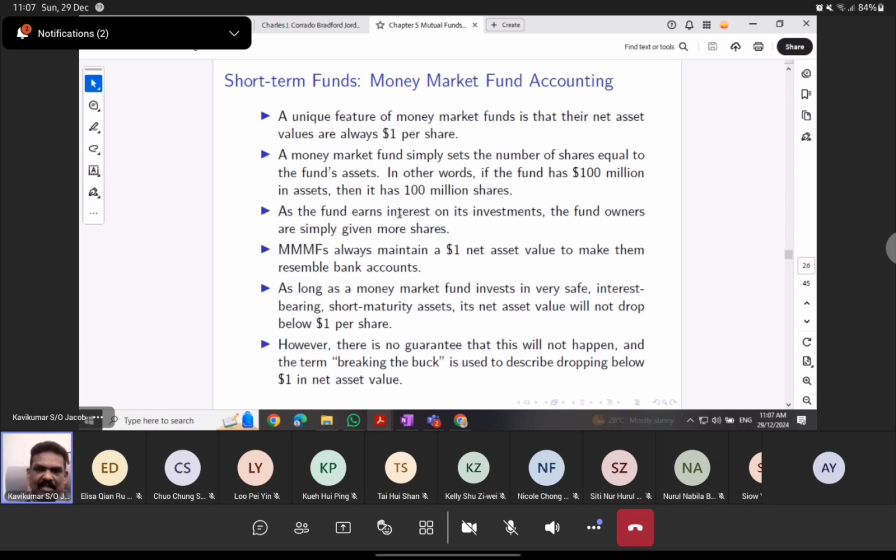As the fund earns interest on its investment, the fund owners are simply given more shares. So the investor buys the shares, and then the fund invests the money in other businesses.